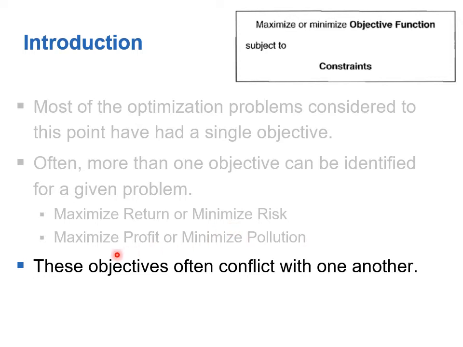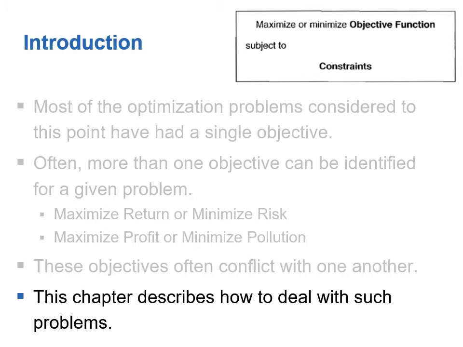Okay? So you cannot achieve both objectives at the same time. If you want to minimize something, then the other one will be worsened. So you need to sacrifice from the other one. Okay? So in this chapter, we are going to consider such problems and we will consider the goal programming approach.